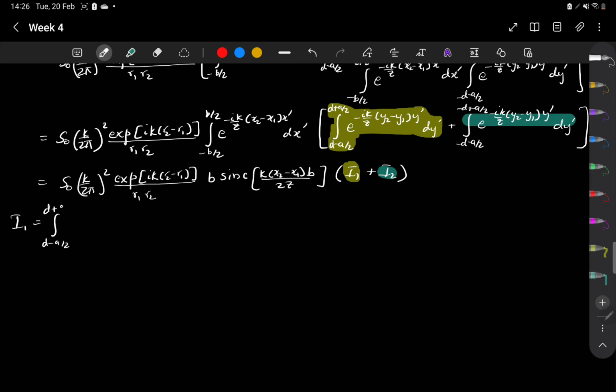The limits are shifted, they are not centered about origin, so it will not be simply a sinc function; there will be a shift in it. Here I have made the substitution. Beta is k (y2 minus y1) over z.